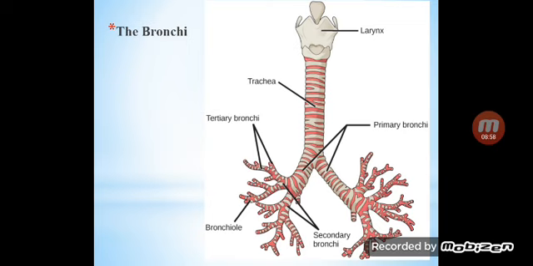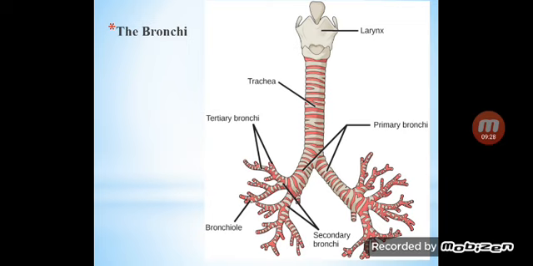These terminal bronchioles will give origin to respiratory bronchioles. Each respiratory bronchiole will divide to give alveolar ducts, which will end in alveolar sacs. Alveolar sacs are the sites of air-blood exchange. The gaseous exchange occurs in the region of the alveolar sacs.